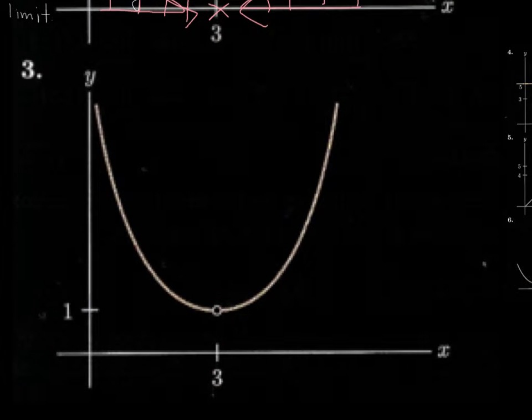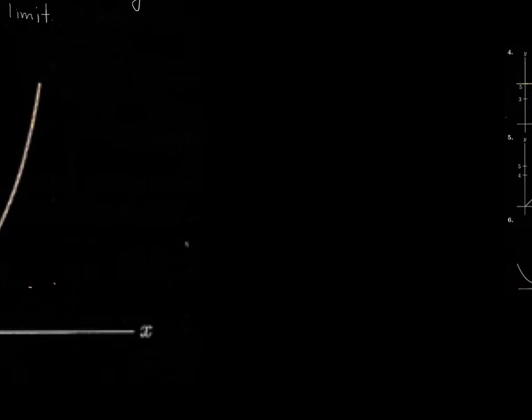And looking at number 3, we can see that near 3, on both sides of the function, whether you're at the right or at the left, the output values are close to 1, and they get arbitrarily close to 1. So we can say that this limit exists.